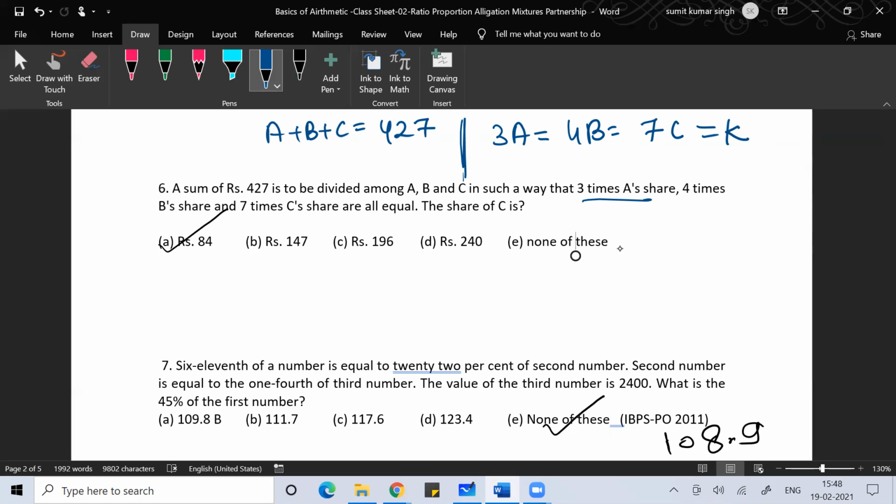So I can say A is equal to K by 3, B is equal to K by 4, C is equal to K by 7.